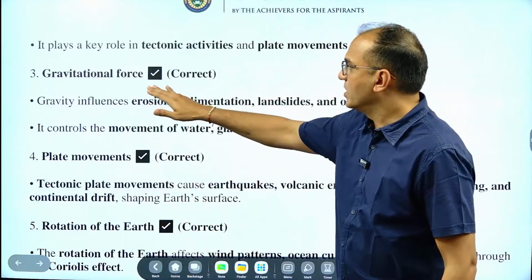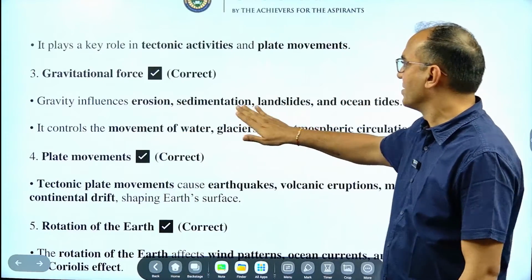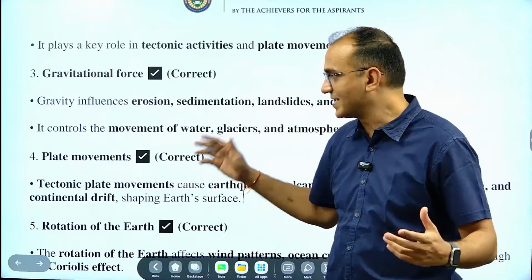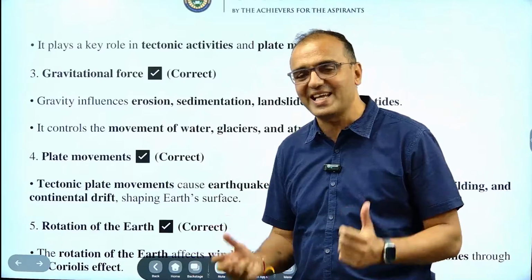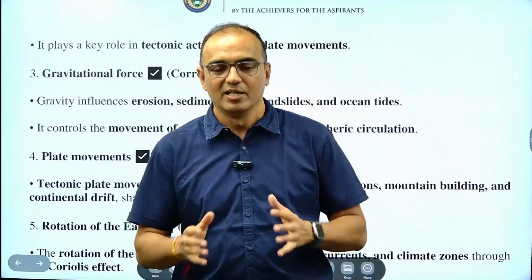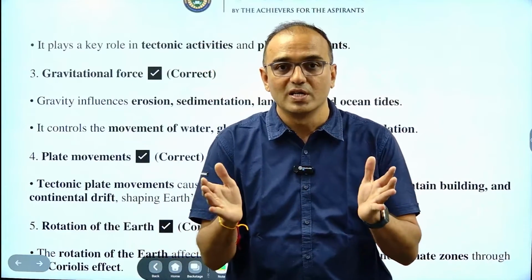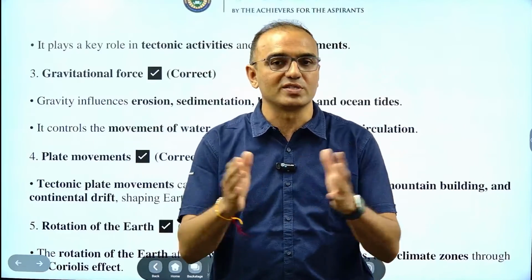Correct? So gravitational force influences erosion, sedimentation, landslides, ocean tides, and so on. It controls the movement of water, glaciers, and atmospheric circulation, and in that sense, it does impact the landforms and bring about dynamic changes on the surface of the earth.